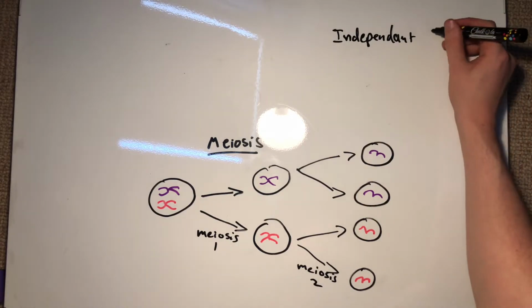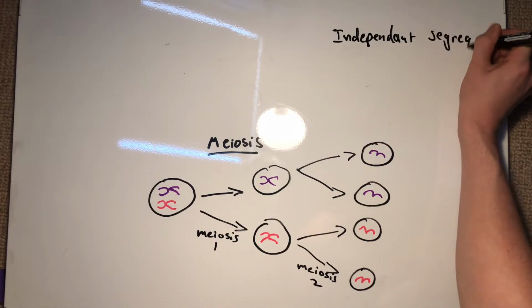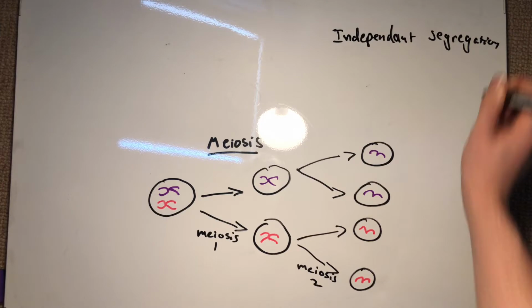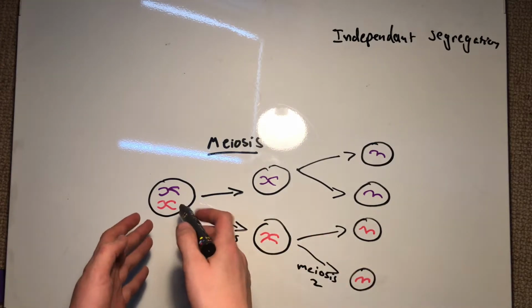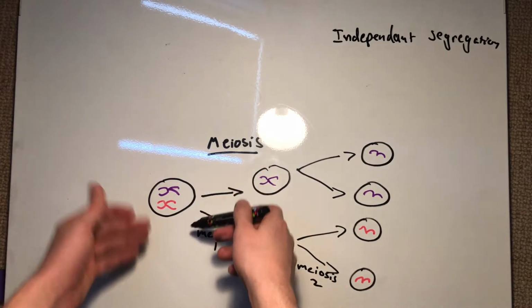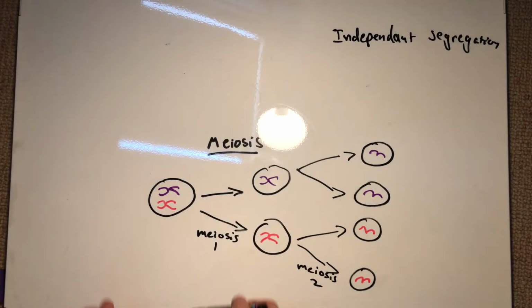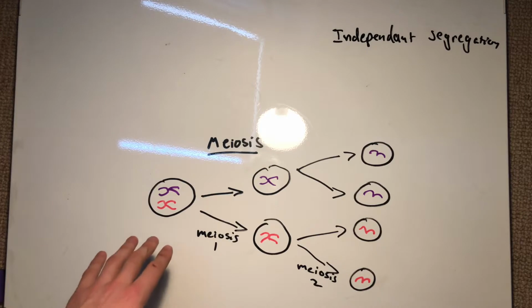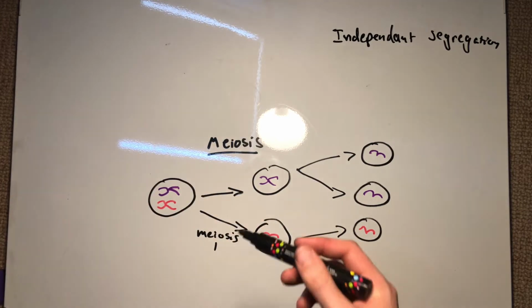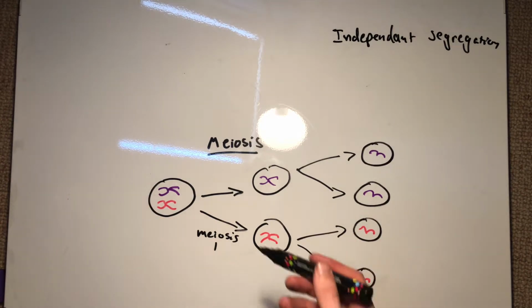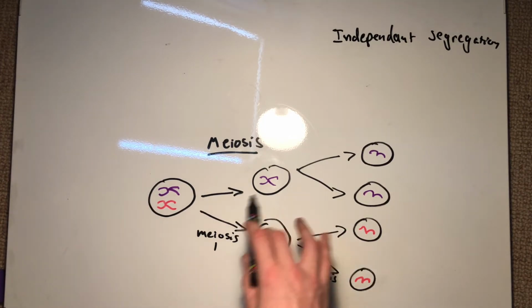When you have the chromosomes lining up homologously, mother and father next to each other, these can get split up and mixed randomly when they are placed into the cells.